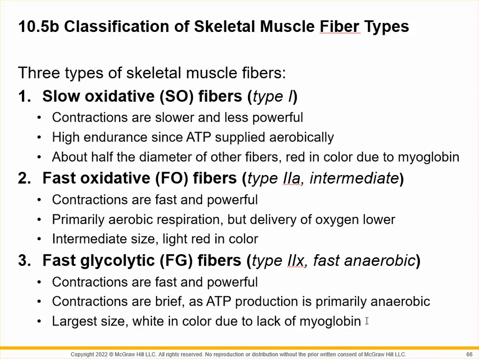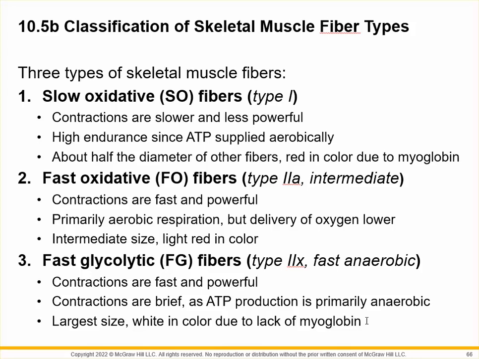Some people are more slow oxidative fibers. But I will submit to you that the sport that you choose, you will exercise and develop and get hypertrophy of the types of fibers that you're using the most.